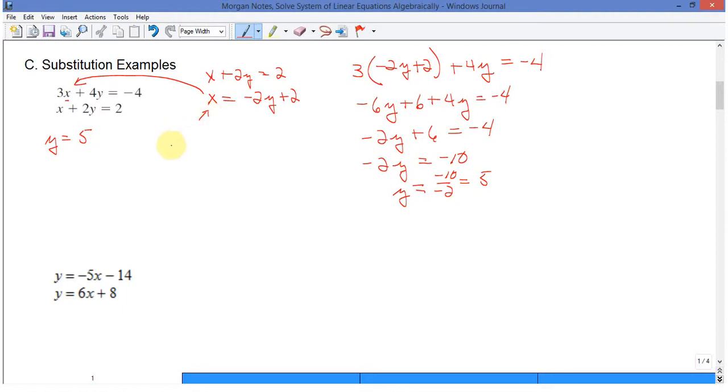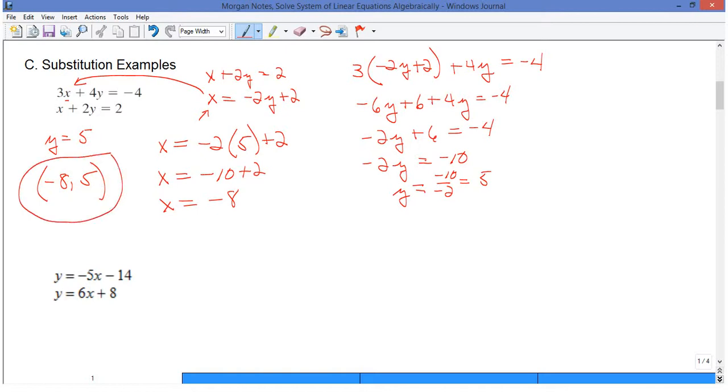So let's put the y in there. x is equal to negative 2 times the y value, which is 5, plus 2. x is equal to negative 10 plus 2. x is equal to negative 8. So my point of intersection is negative 8, 5, and that's my solution where they cross.